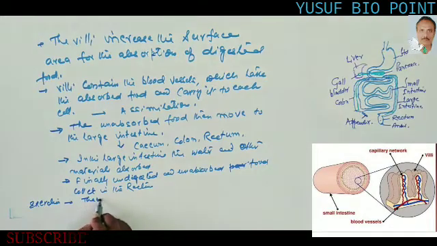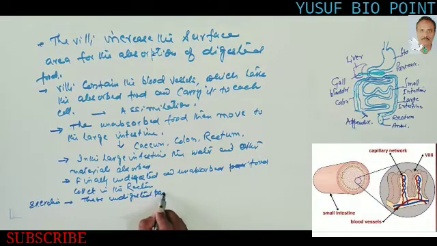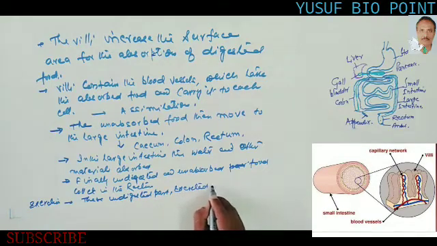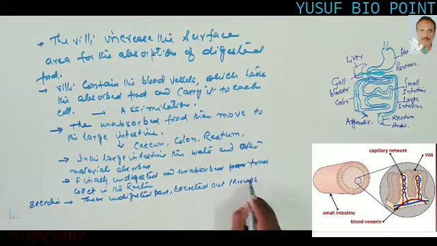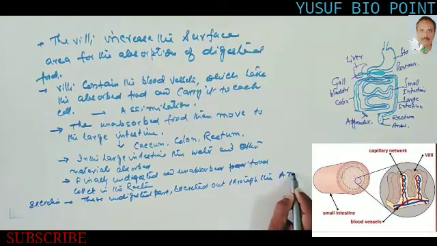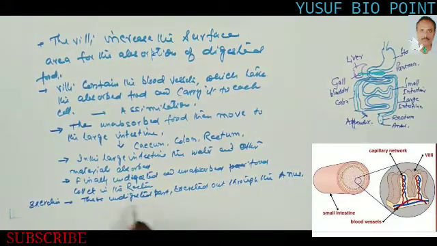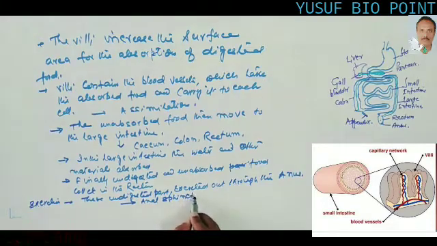This undigested part is excreted out through the anus, and it is regulated by the anal sphincter. So in this way the digestion in human beings takes place.